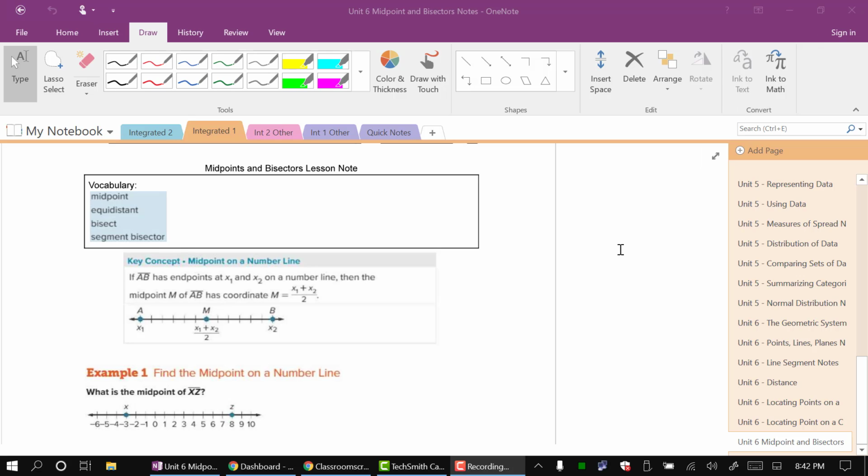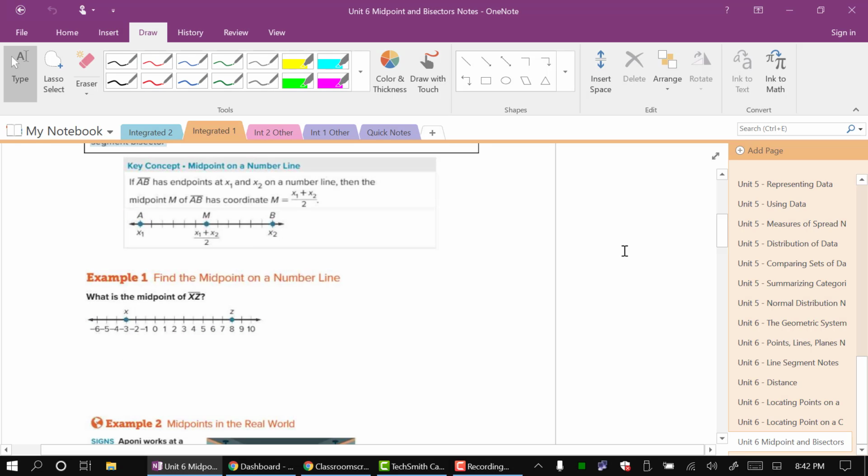So let's go ahead and try this out with a problem. So let's take a look at the first problem. Find the midpoint on the number line. What is the midpoint of line segment XZ? If we write out, X is at -3. Z is at 8. So I'm going to put in the midpoint formula, x1 plus x2 divided by 2.